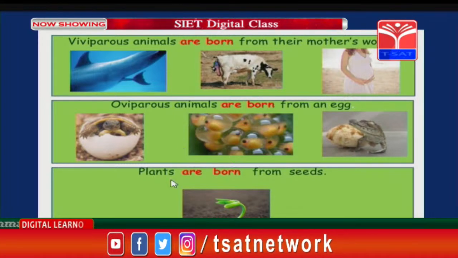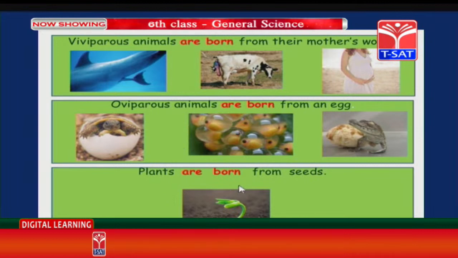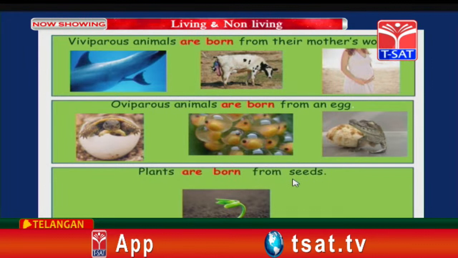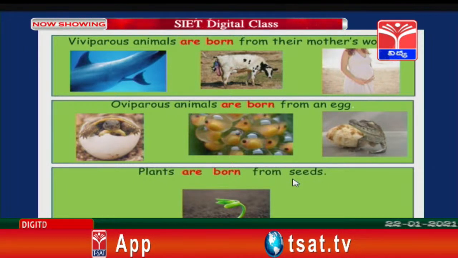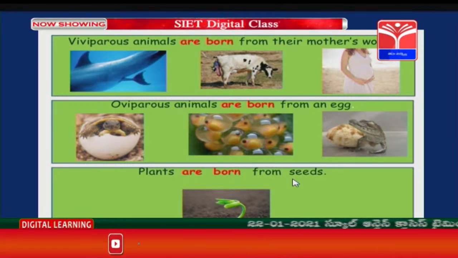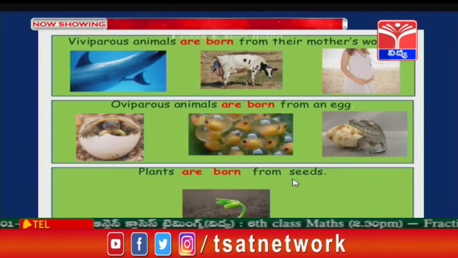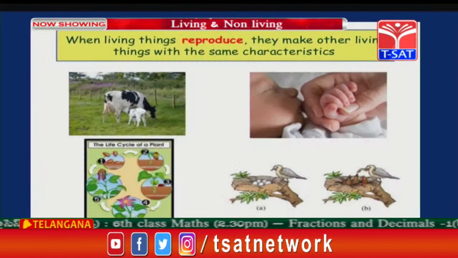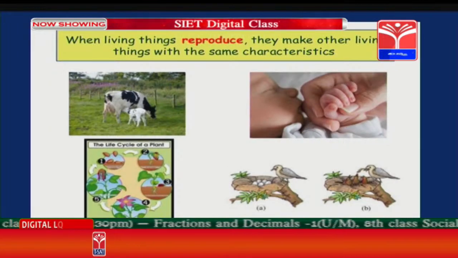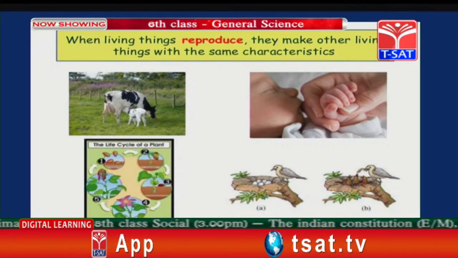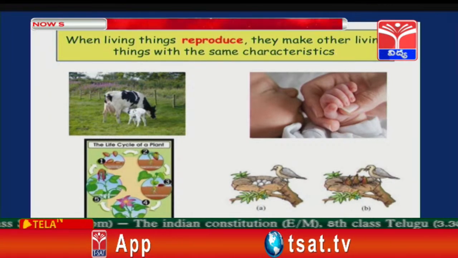Now coming to the plants, plants are born from seeds. Seeds will be germinating and from this process of germination the baby plant will be produced. This process is called reproduction. When living things reproduce, they make other living things with the same characteristics. See the first picture, children, the cow is giving birth to its calf, isn't it?